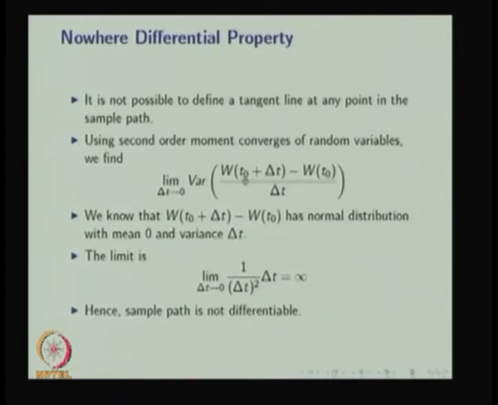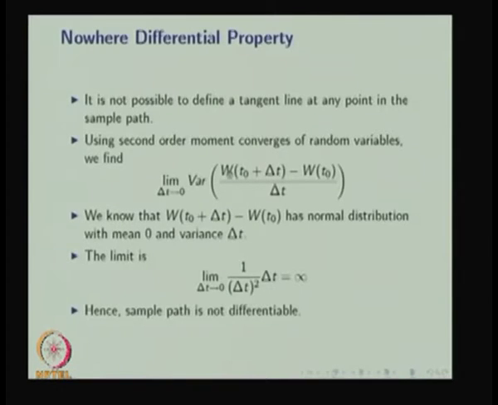Suppose you have a real valued function f of x, and if you want to conclude the function f of x has a derivative at the point x0, then you should find the limit as delta t tends to 0 of f of t0 plus delta t minus f of t0 divided by delta t. If this limit is finite, then you can conclude the real valued function f has a derivative at t0.